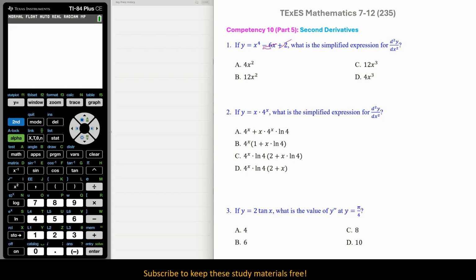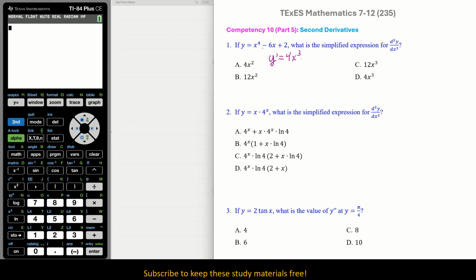Let me show you. If you haven't done these before, you probably don't see what I'm doing. Not a big deal. So we have y prime. For the first term, we have 4x to the third.